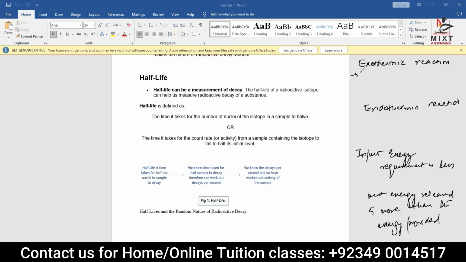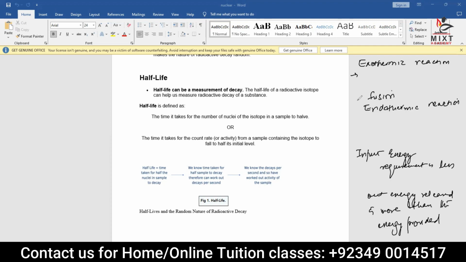Like this exothermic reaction, as I already told you, fission reaction can be used to generate electricity or energy that can later be used for electricity. That is exothermic reaction. Endothermic reaction, like fusion reaction, has a very big input energy. You have to provide so much energy to actually perform that reaction.